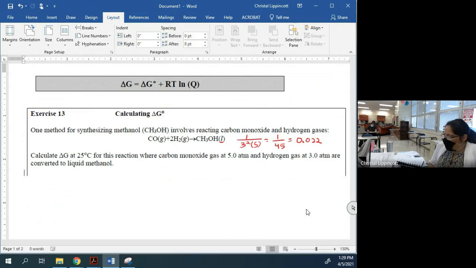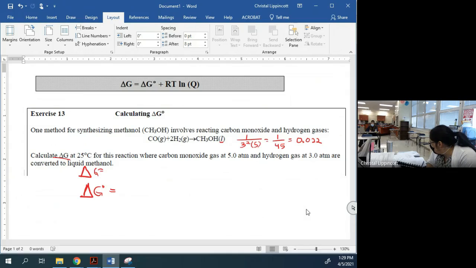So now we're going to figure out delta G. The first thing we're going to do is figure out our delta G prime, and they would have needed to give you a table for these. Okay.